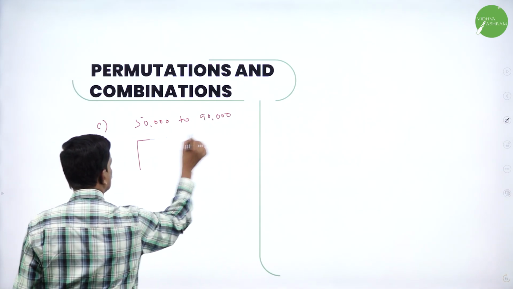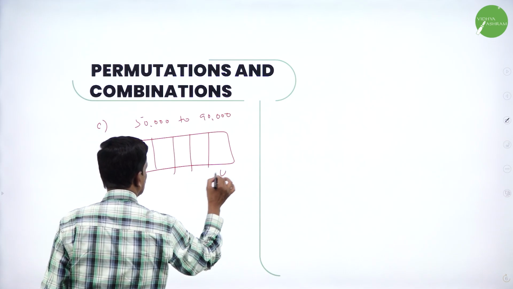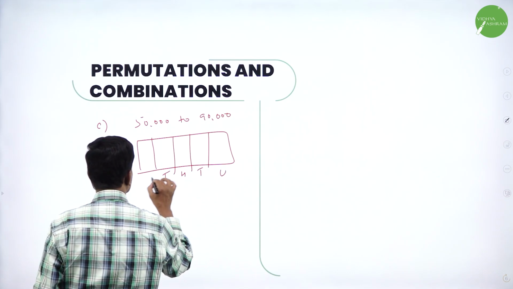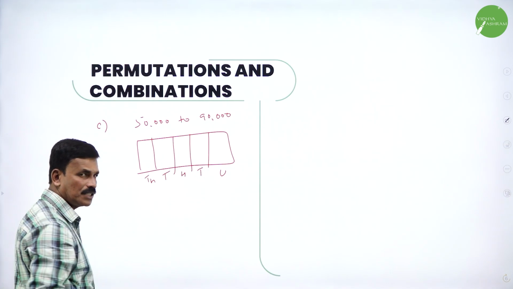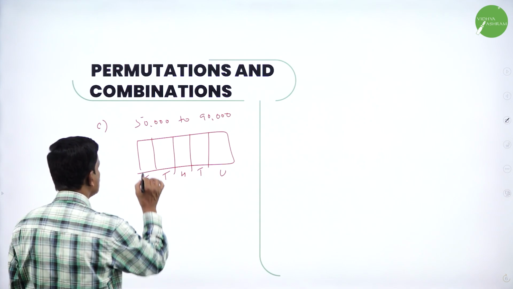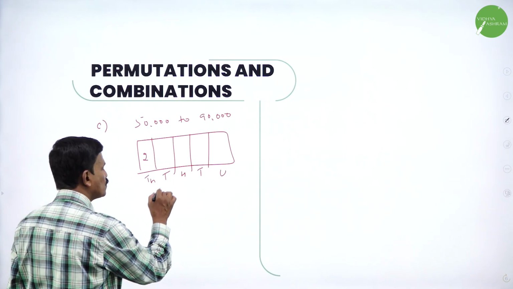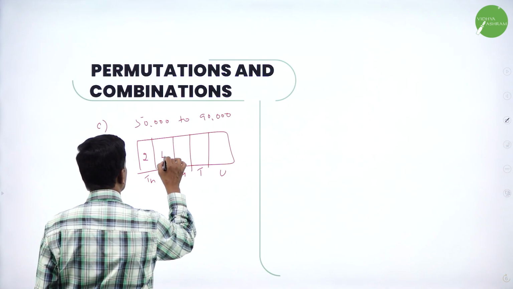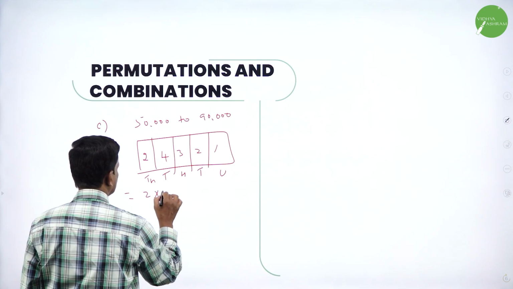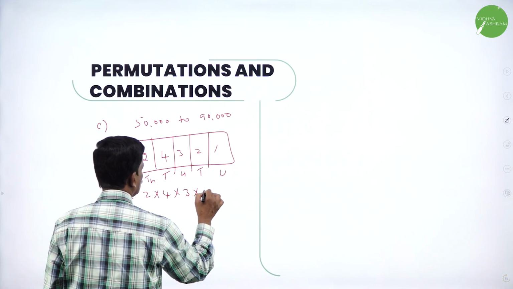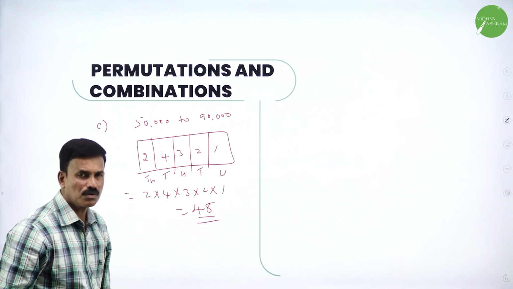So here also: unit, 10, 100, 1000, 10,000. The 10,000 place can be filled by 2 digits and the remaining 1000, 100, 10 and unit places by 4 into 3 into 2 into 1. So the required permutation is 2 into 4 into 3 into 2 into 1. This is equal to 48, as in the previous problem.